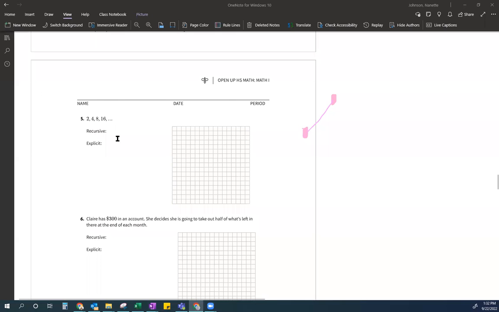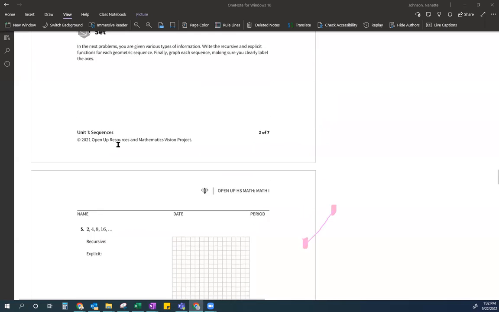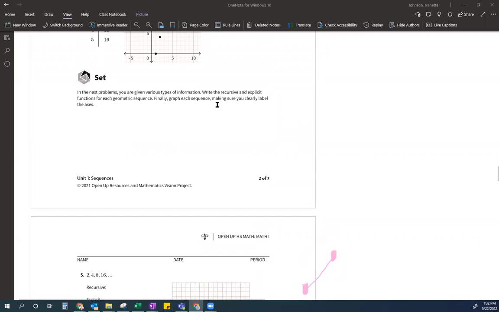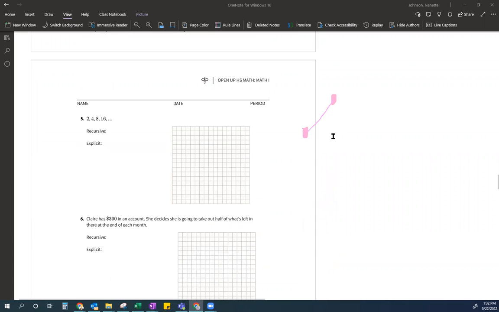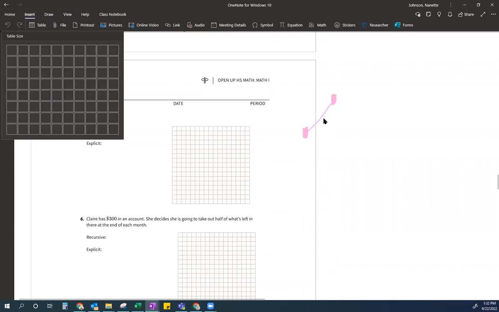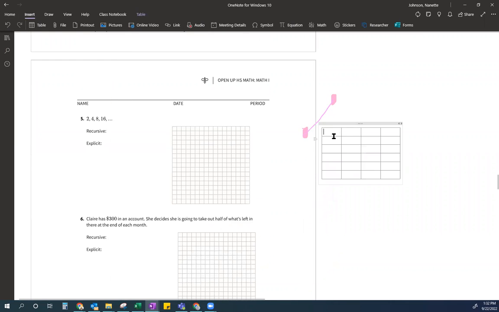Okay, so what I want to do first to do this problem, remember they're asking me to, number 1, write the recursive, number 2, write the explicit, and then graph it, right? So I really like tables because the tables help me be organized. So I'm going to make a table again. I'm going to kind of go out this much. Okay, so this is going to be my n, this is going to be my f of n, and then this is going to be the expression.